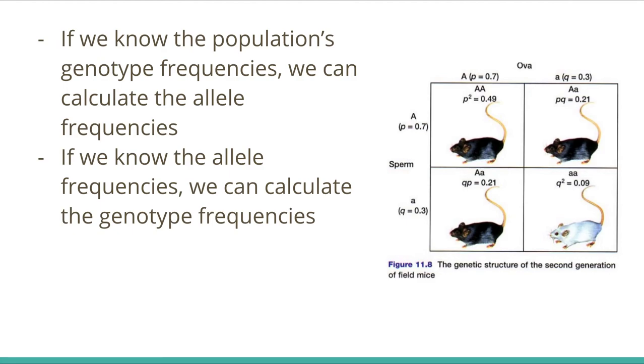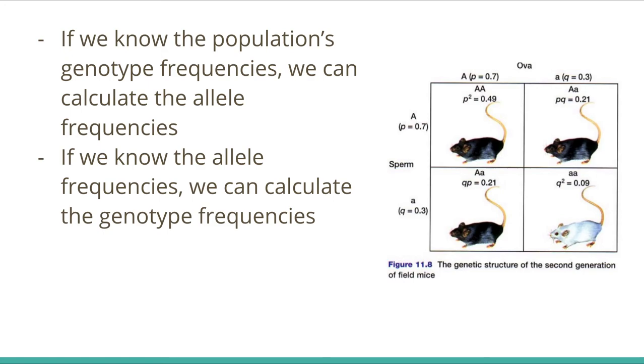you'd have 49% of the population being homozygous dominant. You would have 42% of the population being heterozygous, and you'd have 9% of the population being homozygous recessive. And we've just calculated that by multiplying the probabilities together. Now you'll notice those probabilities are between 0 and 1, and I was talking about percentage.